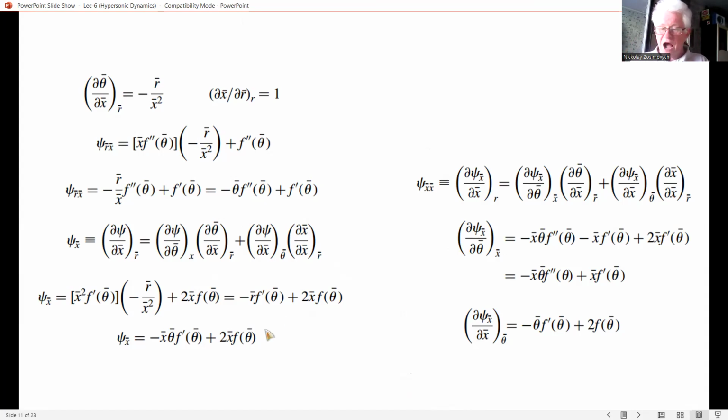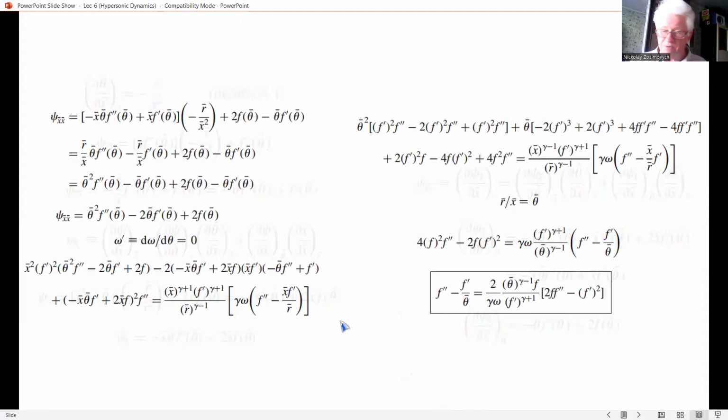After proper substitution in our equations, we may get this expression on the top, or in a shorter form, not simpler but only shorter, you may see this for psi from x. So this completes all our derivative transformations.